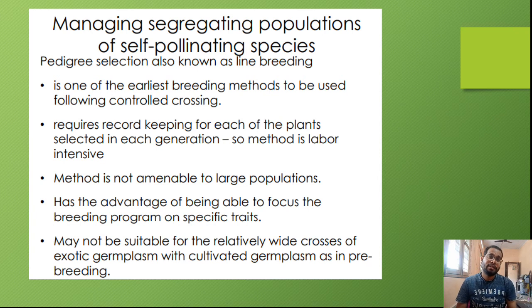This trait may be disease resistance, quality breeding such as protein content, drought resistance, plant height, seed weight, or seed length. These are the different morphological or qualitative traits that we focus on in pedigree methods. We are not studying many traits, only one specific trait in the pedigree method. We are also not studying wide crosses, crosses with different exotic or wild species. We are doing crosses between parents which are closely related, not too closely, meaning intervarietal crosses are what we study in the pedigree method.